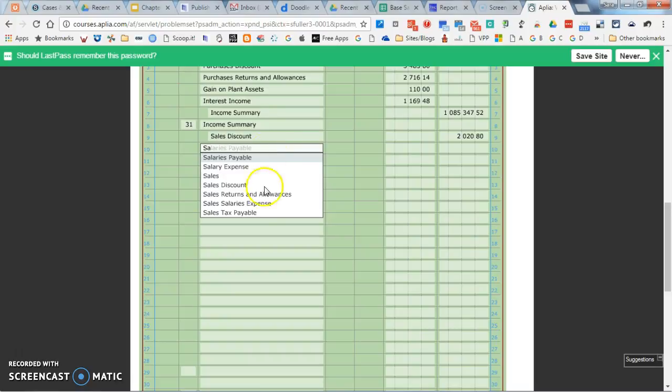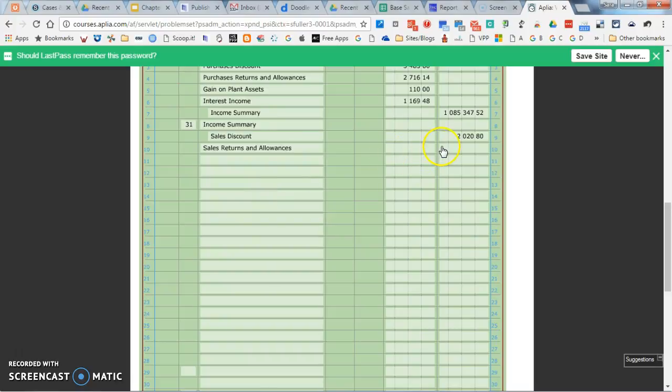Sales returns and allowances, $8,347.20. Then we have purchases, $737,464.80.